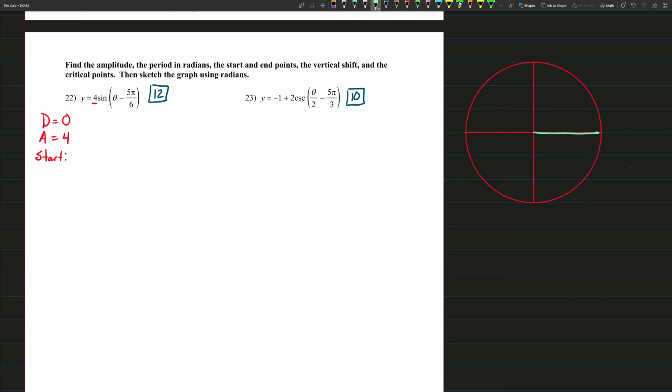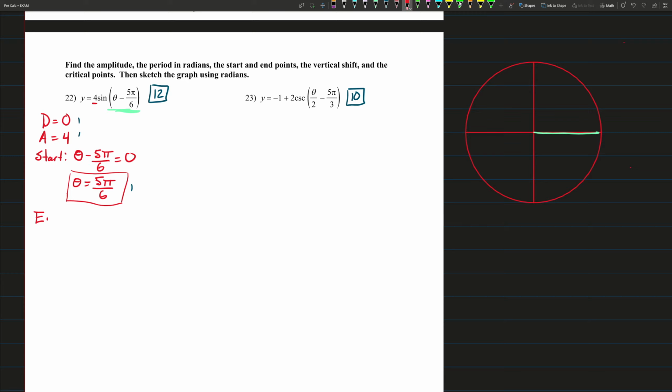So any angle where it makes the entire inside 0, that's where we're going to start. Okay, so we set the inside equal to 0, and we solve. So in this case, theta is just 5 pi over 6. And I'll just say this. Each of these steps is worth a point.